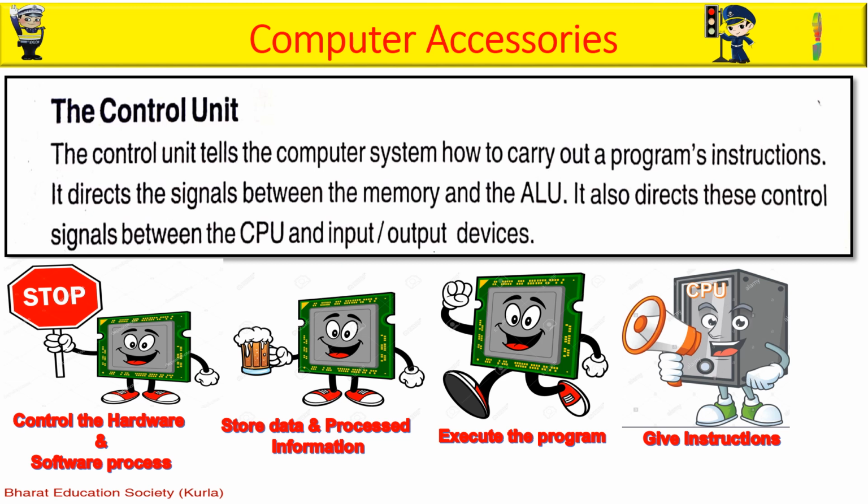Control unit assigns the task and monitors the data and information movement inside a computer system between its components. It directs the signal between the memory and the ALU, that is arithmetic and logic unit. It also directs the control signal between the CPU and input and output devices.